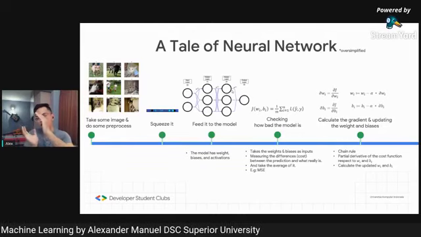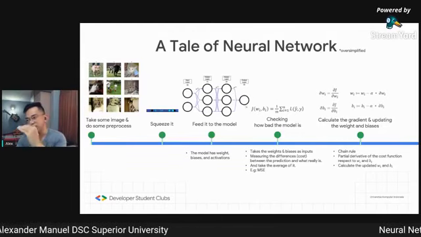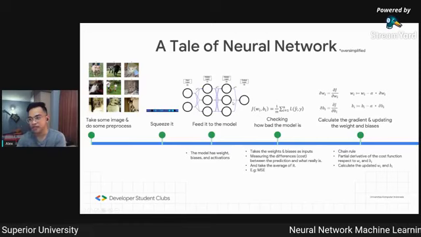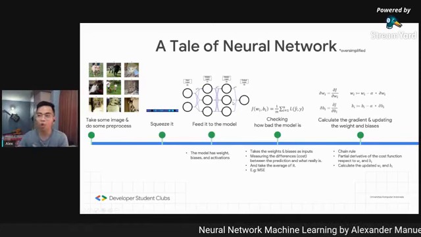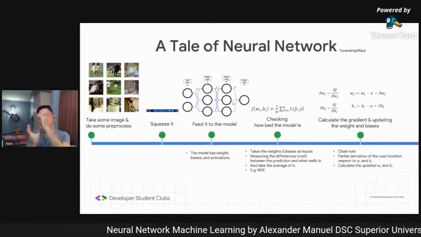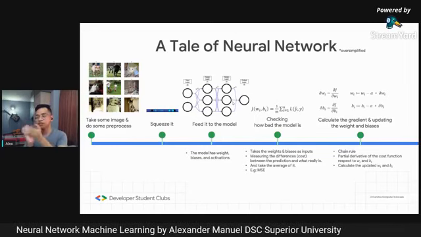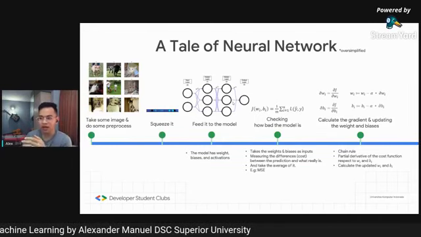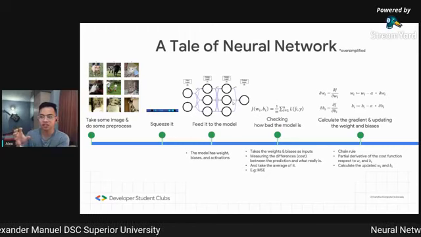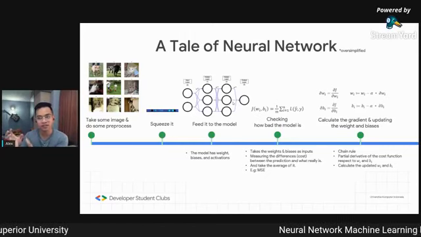And then at the end of all the hidden layers, there is the output layer where we combine the total weights to determine the possibility.